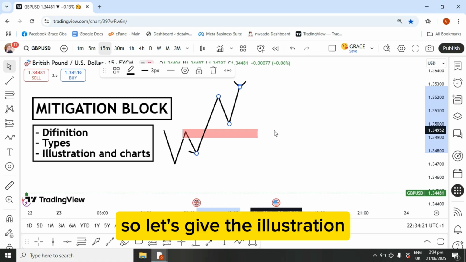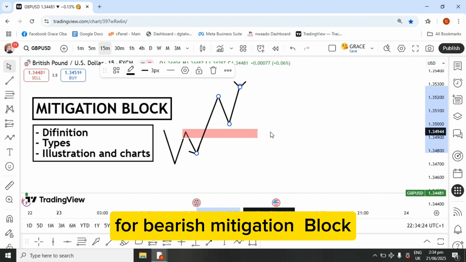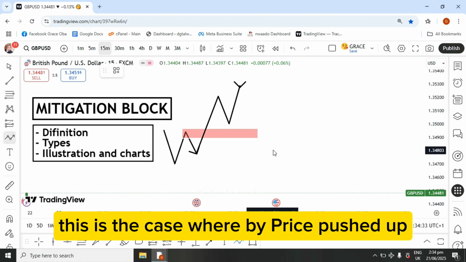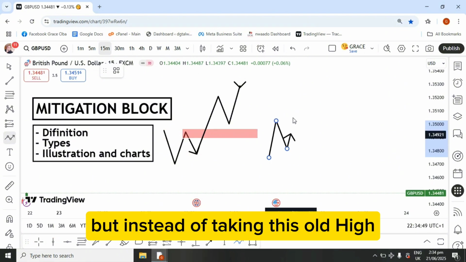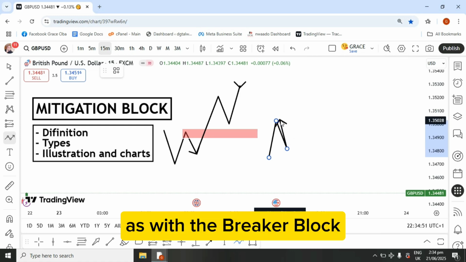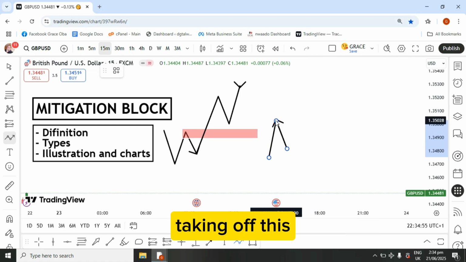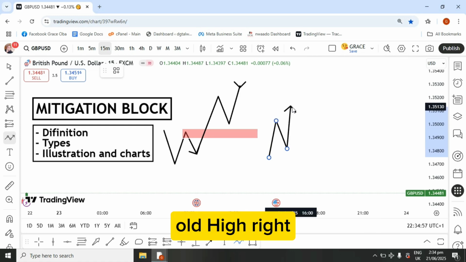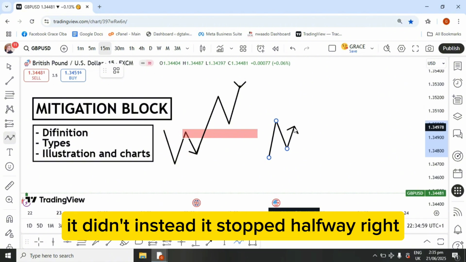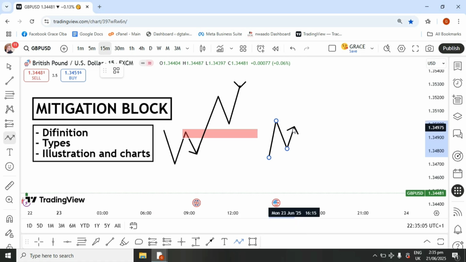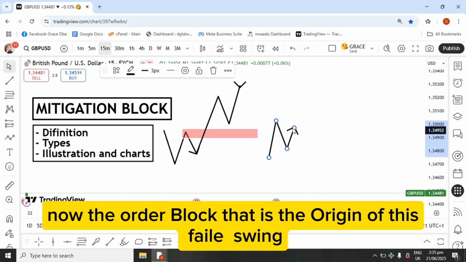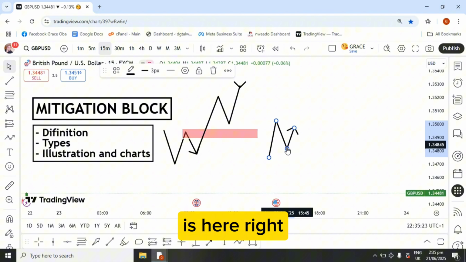So let's give the illustration for bearish mitigation block. This is the case whereby price pushed up, retraced down, but instead of taking this old high as with the breaker block, it didn't. Instead, it stopped halfway. It was mitigated at this level. Now the other block, that is the origin of this failed swing, is here.